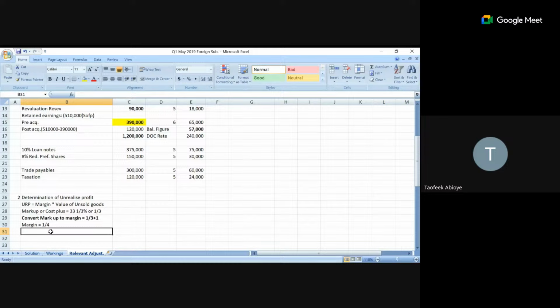So our ULP, unrealized profit, is equal to 1/4 multiplied by the value of unsold goods, 15 million. They give us that the value of inventory as at that date is 15 million. So therefore, ULP is equal to 1/4 multiplied by 15 million.